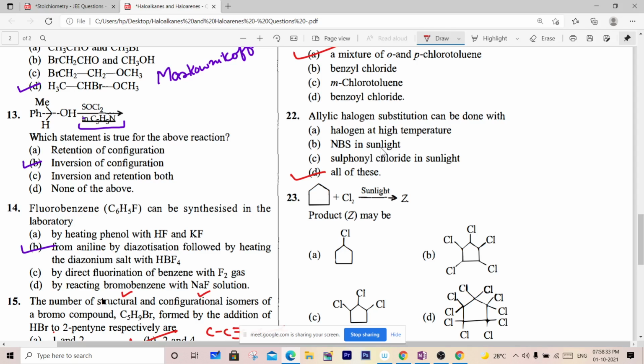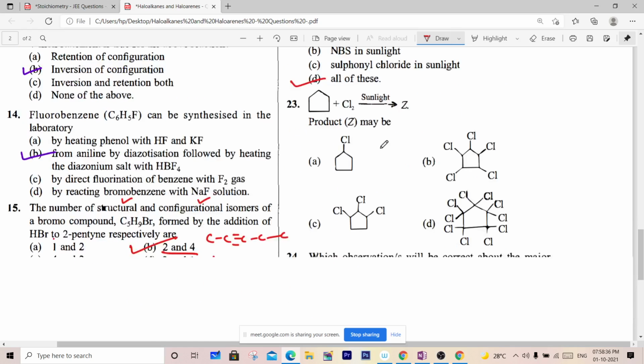Standard reactions are there. Okay. Now, 23rd.